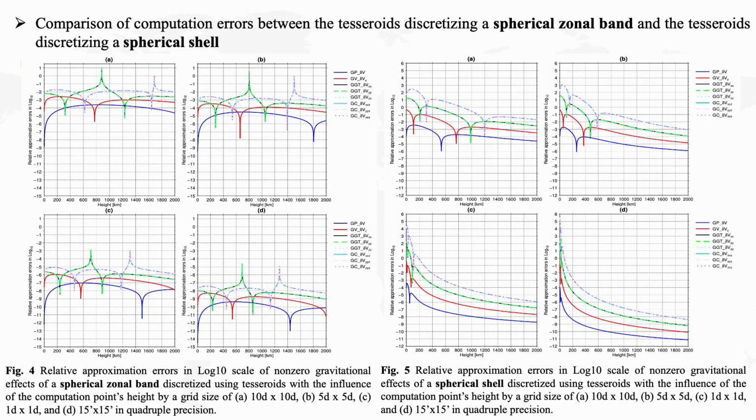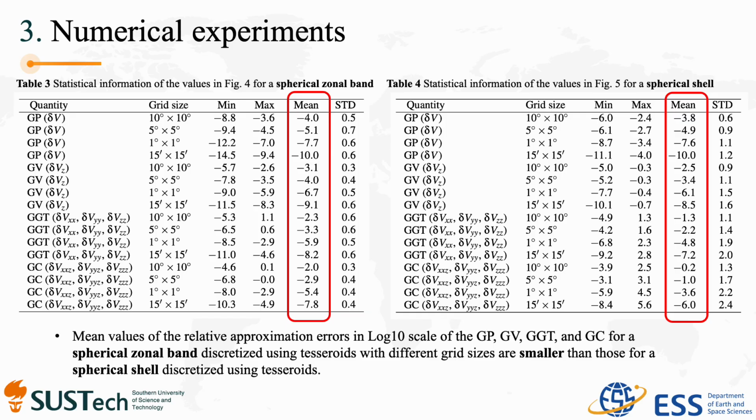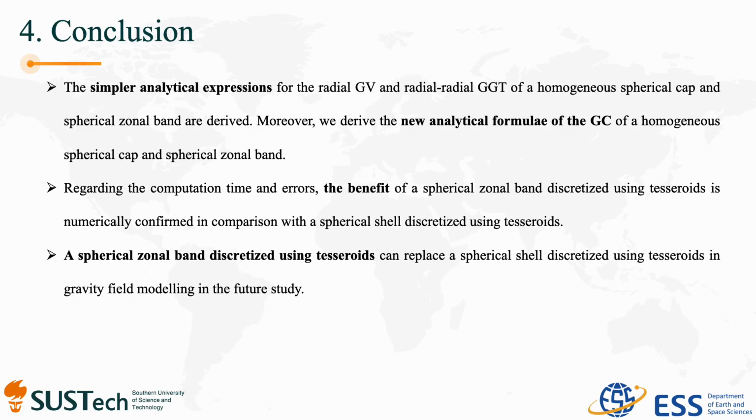Numerical experiment reveals that the mean values of the relative approximation errors in log-10 scale of the gravitational effects for spherical random ball discretized using tesseroids with different grid size are smaller than those for spherical shell discretized using tesseroids. Thus, it can be confirmed that the computation errors of a spherical random ball discretized using tesseroids are smaller than a spherical shell discretized using tesseroids.